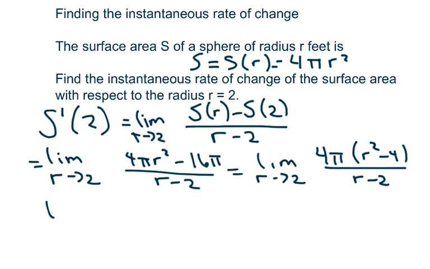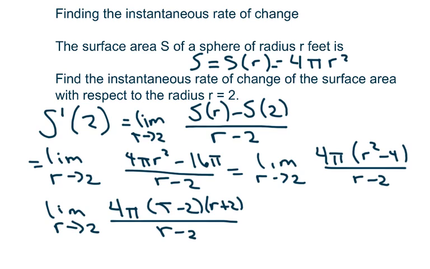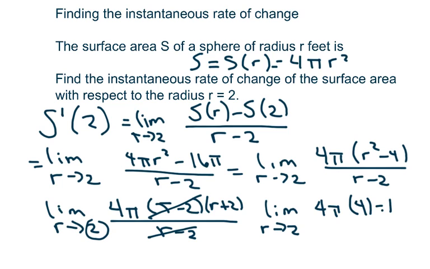So this yields the limit as the radius approaches 2 of 4 pi, and you factor r minus 2 times r plus 2 over r minus 2. These cancel. You plug in the 2 here, and you're going to get the limit as r approaches 2 of 4 pi times 4, which equals 16 pi. And that's going to be square feet.